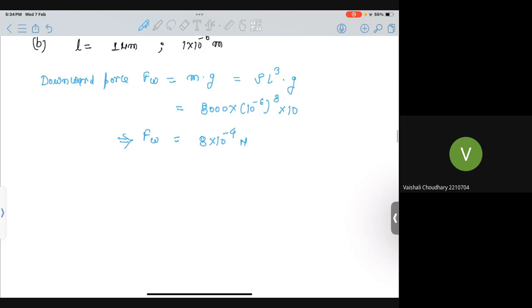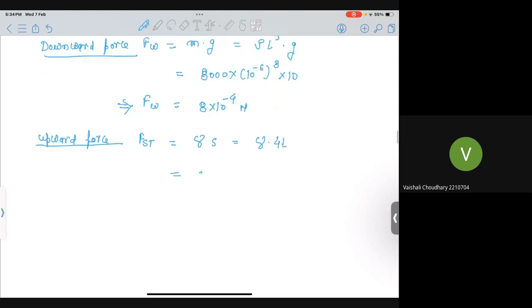Similarly, we'll calculate the upward force or surface tension force. We will denote it with FST, which is gamma times S, or gamma into 4 times length. So gamma is 0.073 because in both cases the surface tension coefficient is the same, only the length is changed. So 4 into 10 to the power minus 6.